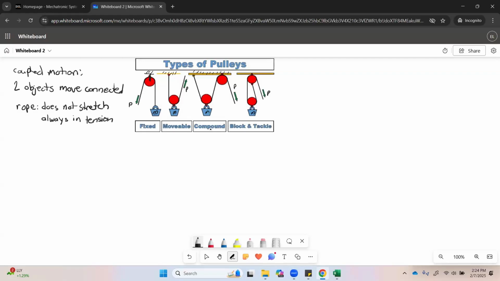So I'm not going to ask you about forces, but I will ask you about speed. To solve, step 1, we count ropes on P. Then we count ropes pulling on mass. And then finally we compare.